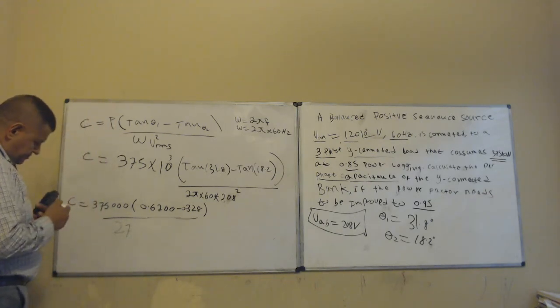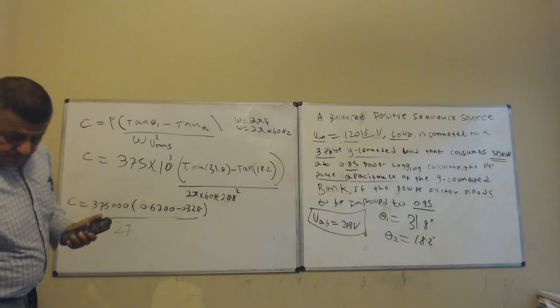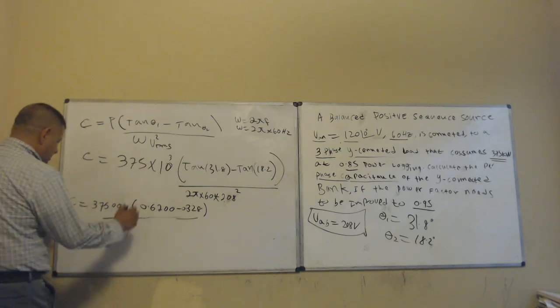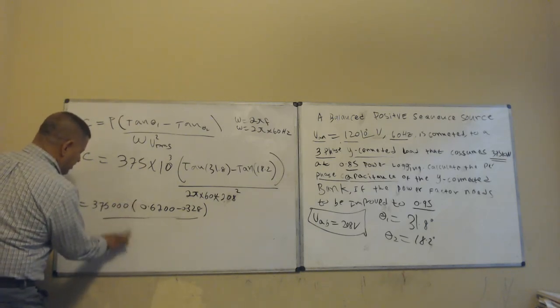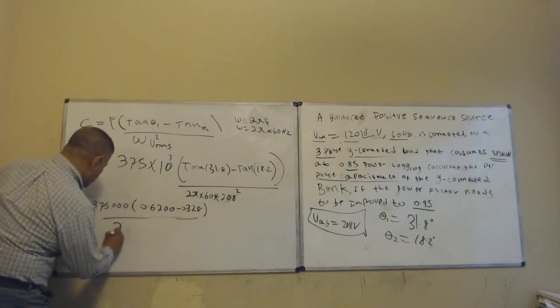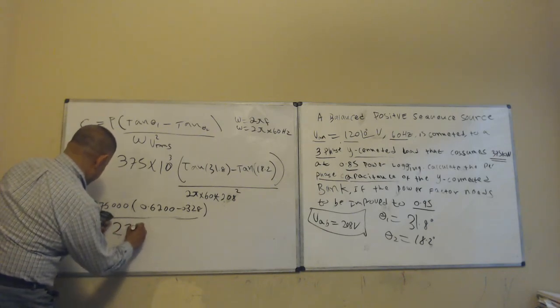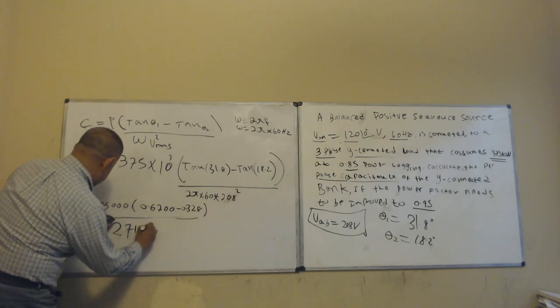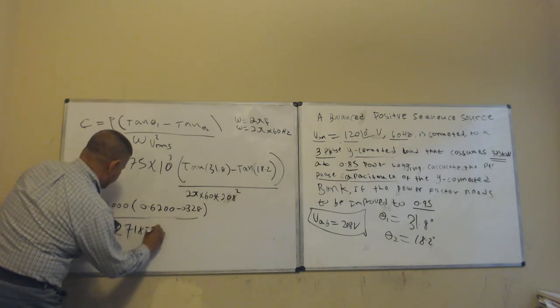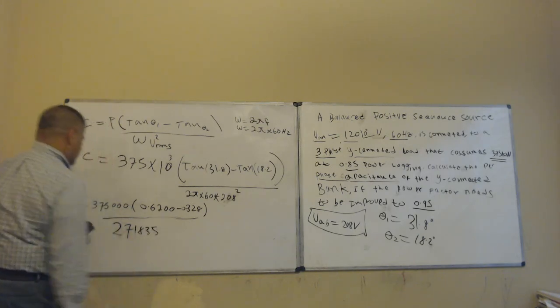27. See how the difference is going to be? It's going to be adding another zero to the left. So 271,835, right?